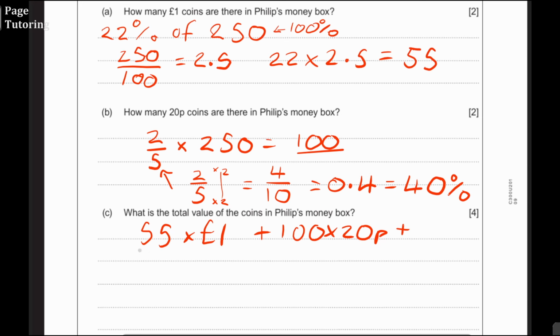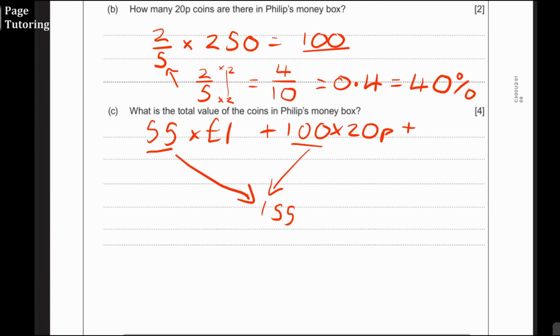So at the moment we've counted, what is that? 155 of the 250 coins. So if we've already counted 155 and in total there's 250, that means that there's 95 coins remaining, because 95 plus 155, that equals 250.